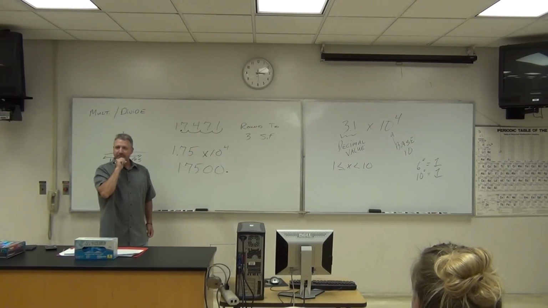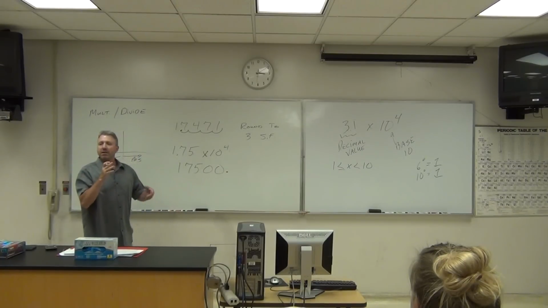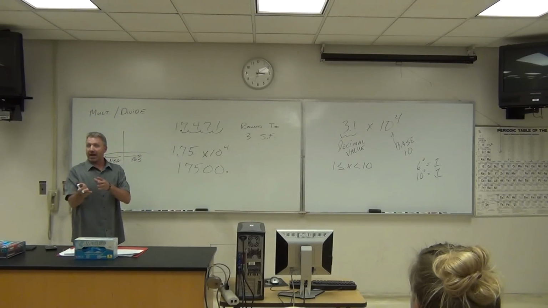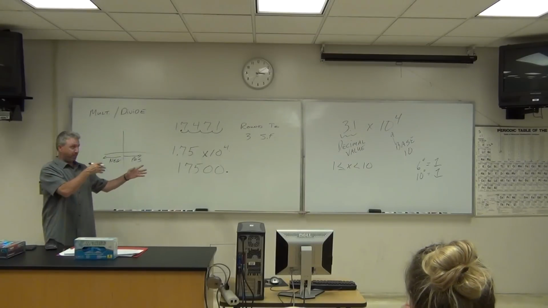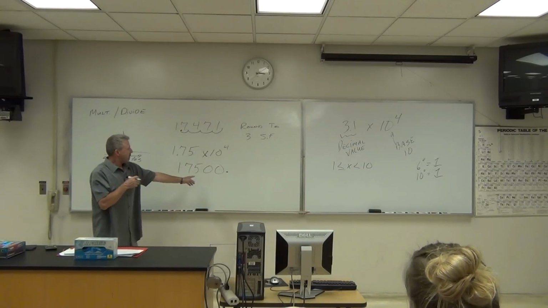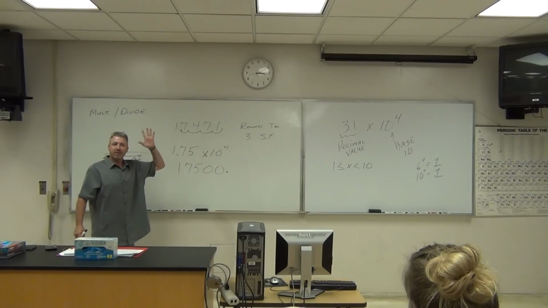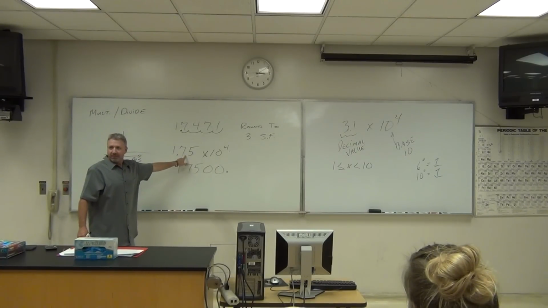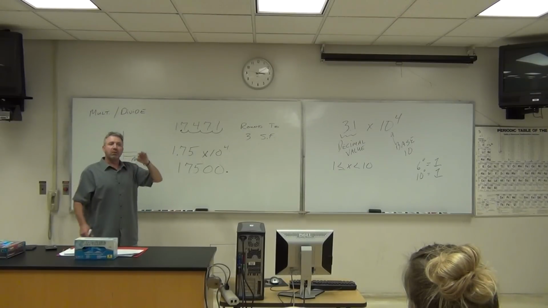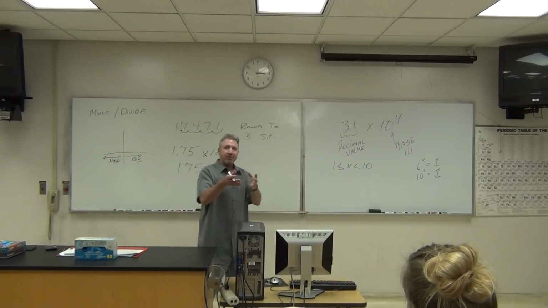That makes it exact and it's not guessed. Doesn't necessarily make it exact, because it could still be a measured number depending on what the units were. But how many significant digits do I make if I put a decimal point in here? How many does this have? 3.